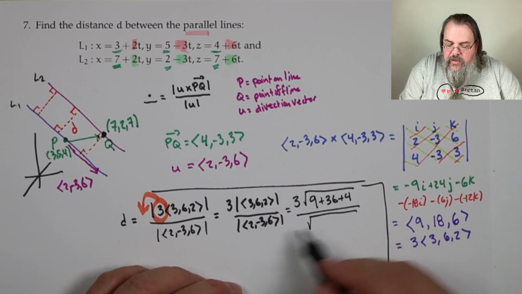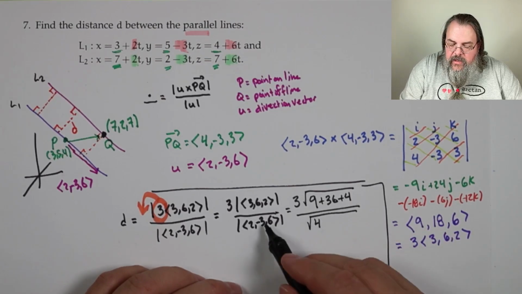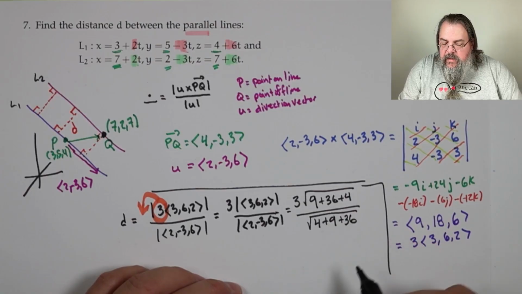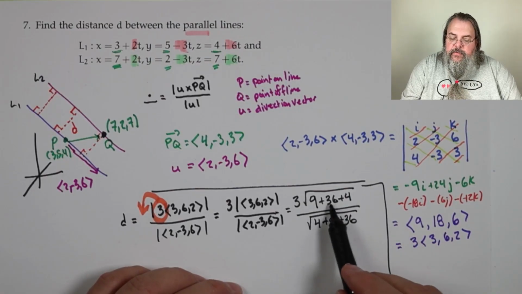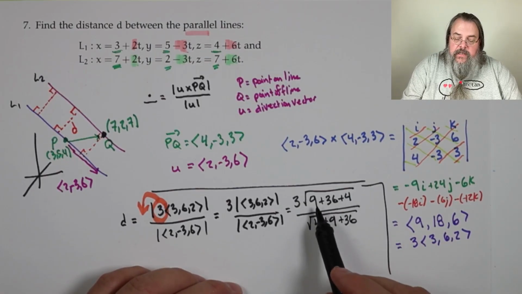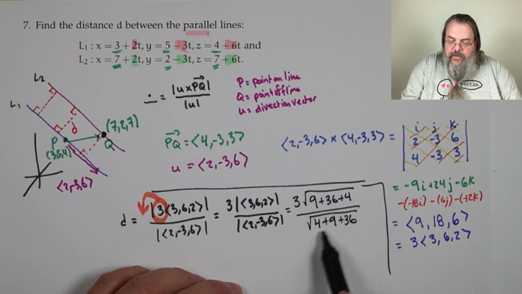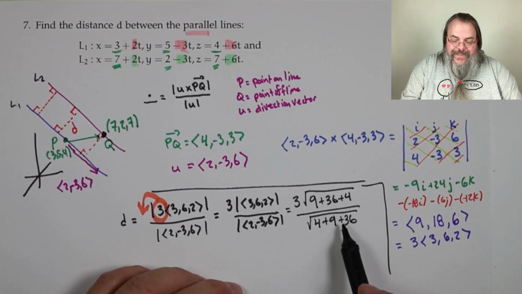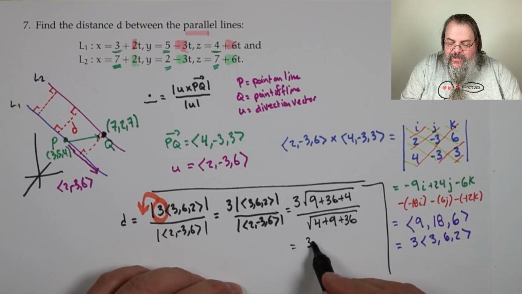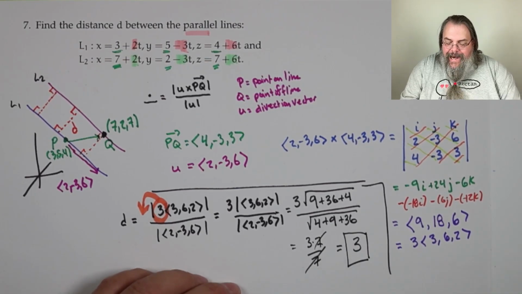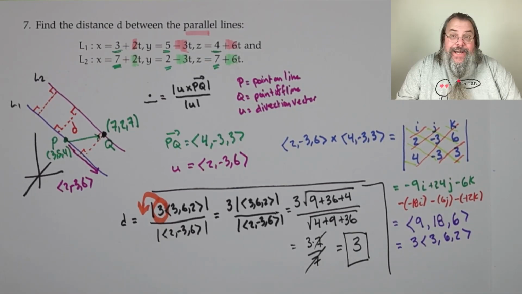Downstairs, square root, 2 squared is 4, negative 3 squared is 9, and then 6 squared is 36. And now you say, aha, 36 plus 4 is 40, plus 9 makes 49, and that means you get a square root of 7. But you also have a 36 plus 4 plus 9, that's also a 7. So it's really 3 times 7 over 7. Those cancel, and we're left with 3. Wow! What a nice number!